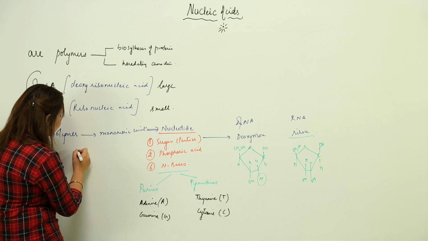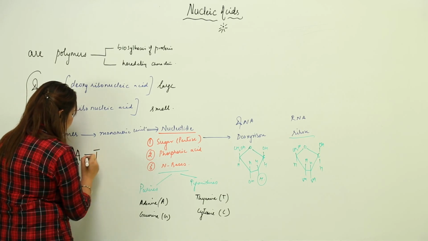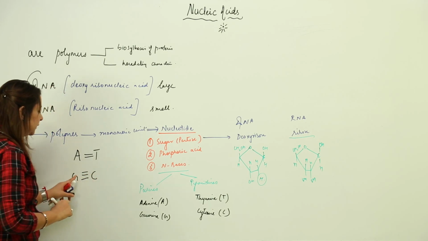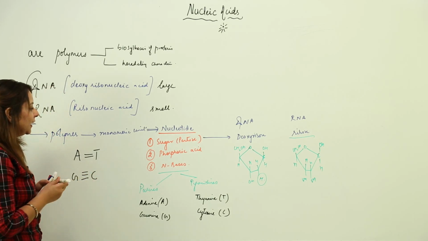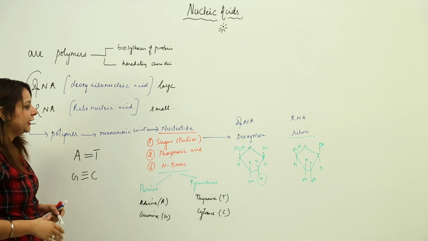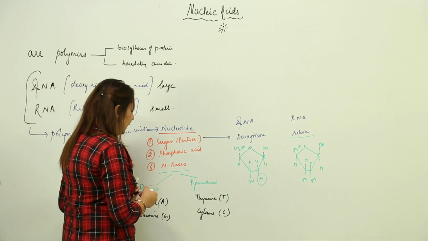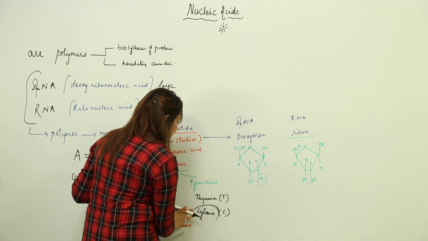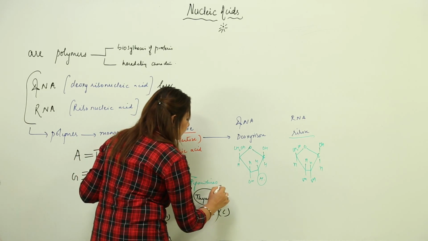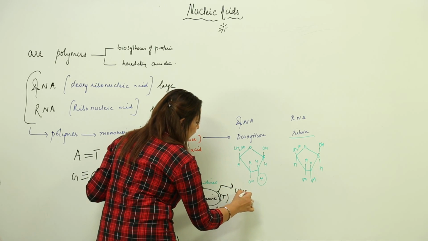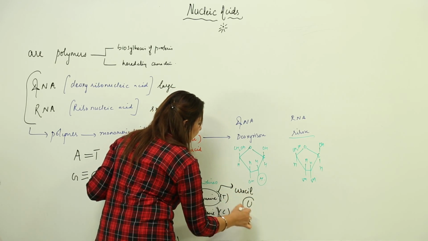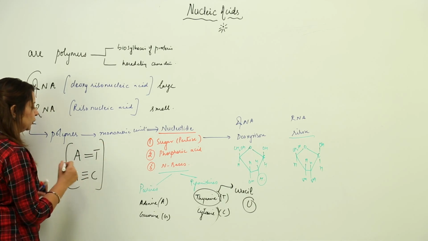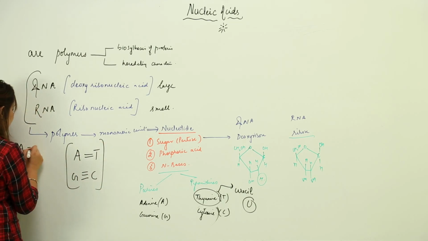Adenine always pairs up with T with a double bond, and guanine always pairs up with cytosine with a triple bond. This is in DNA. In RNA, instead of thymine we have another pyrimidine, that is uracil, abbreviated as U. So in DNA you will see this kind of nitrogenous pairing, and in RNA a pairing like this.